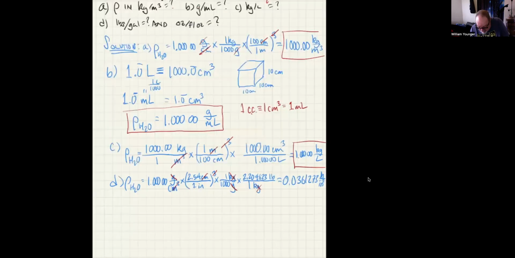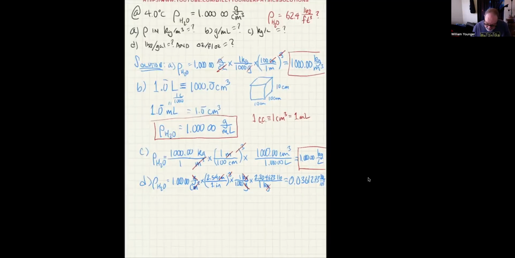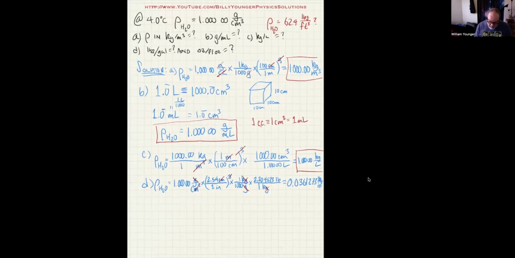Let me expand on that a little bit because clearly that's kind of small. So this should be pounds per cubic inch. Okay. And I've got more digits. So now that I have that, I want to go ahead and break off for a second and do pounds per cubic foot.